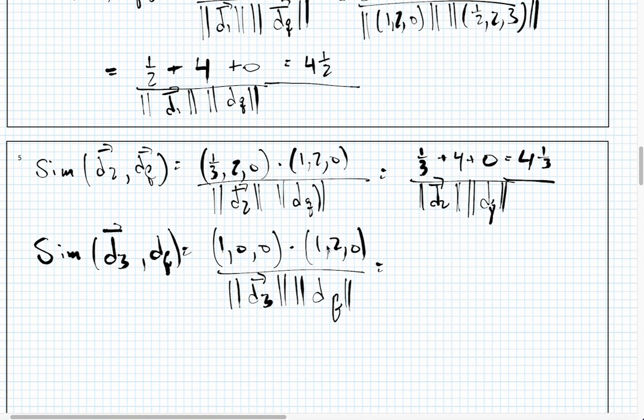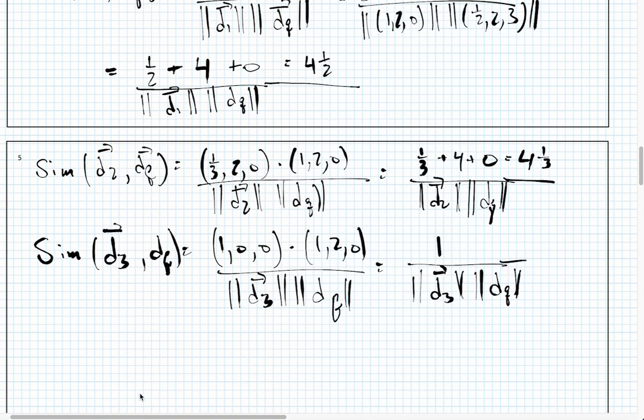And that's equal to 1 times 1 is just 1. 0 times 2 is 0. 0 times 2 is 0. So this is over the magnitude of D3 times the magnitude of DQ.